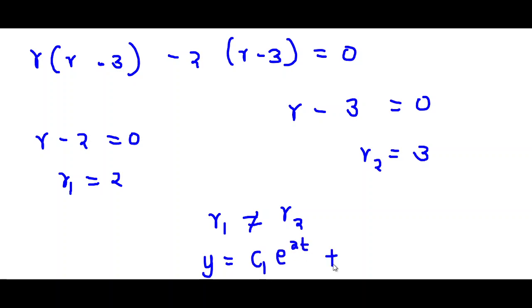e^(2t) plus c2 e^(3t). But as we did see in the question, we were given the initial conditions whereby y is -1 when t is 0 and y prime is 5 when t is 0. So let us rewrite our equation here.